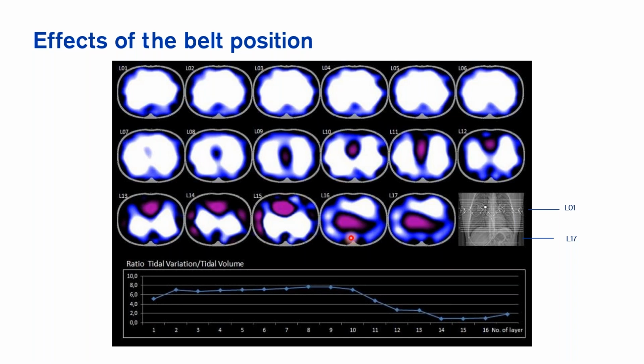And usually when you see the purple color, that would mean that our belt is not positioned correctly. So here we would already start getting the artifacts of our diaphragm. So the belt positioning is extremely important for the correct image generation.